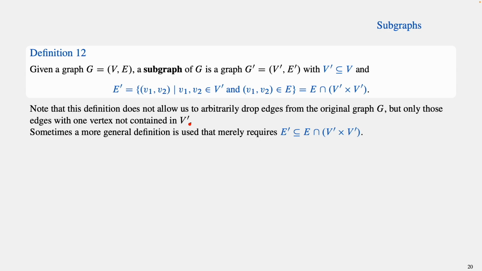And sometimes a somewhat looser, more general definition is used for the subgraph, which only requires that E' is contained in the intersection of E with V' times V'. So that means in this more general definition, we could drop some of the edges in this set here, but we could not include any edges, of course, where a vertex is not contained in V'.